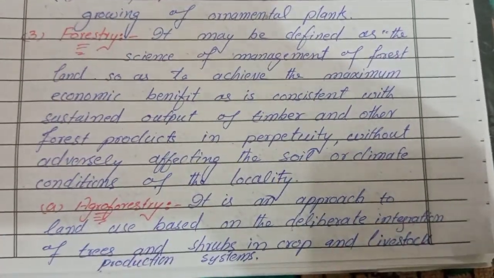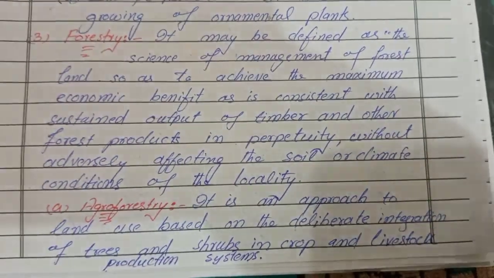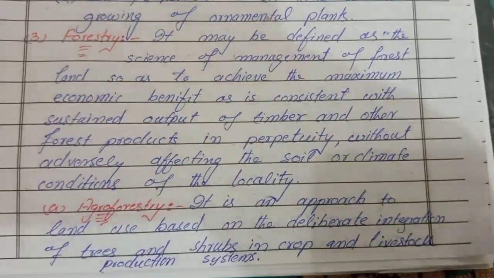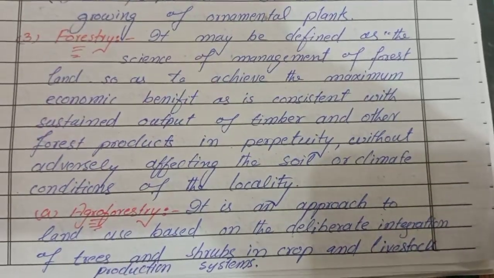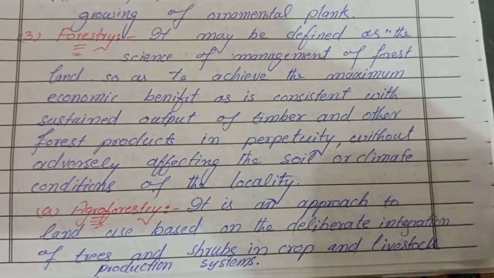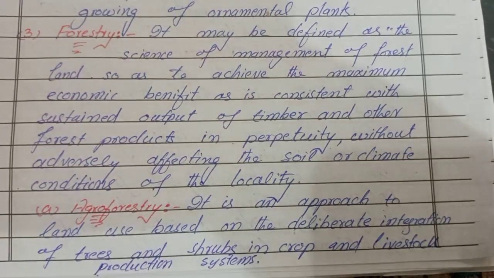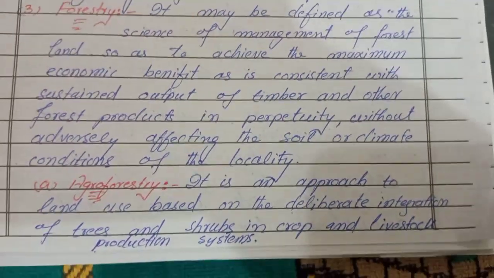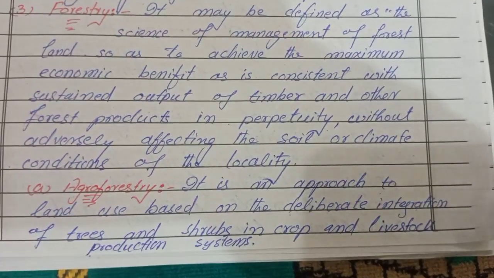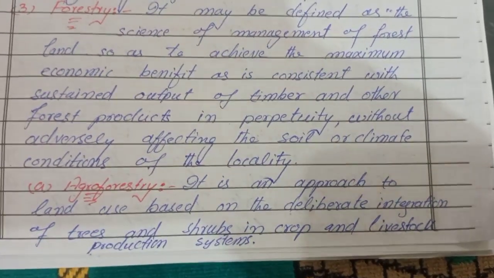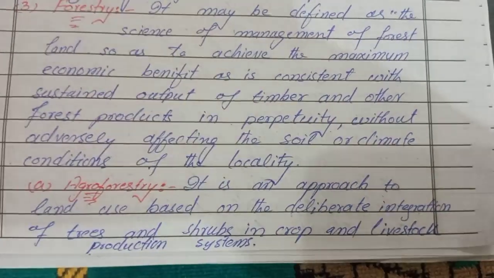The third major branch of agriculture is forestry. It may be defined as the science of management of forest land so as to achieve the maximum economic benefit without adversely affecting the soil or climate conditions of the locality. Forestry is further divided into sub-branches, in which the first one is agroforestry.